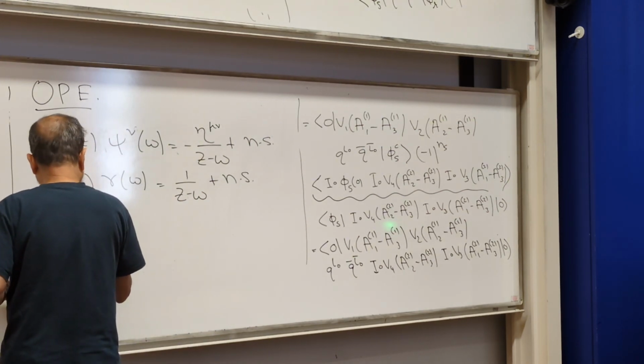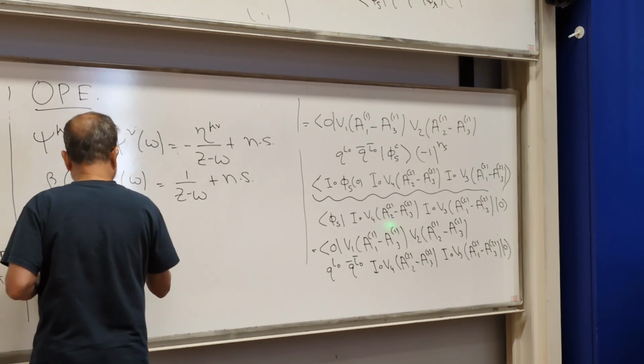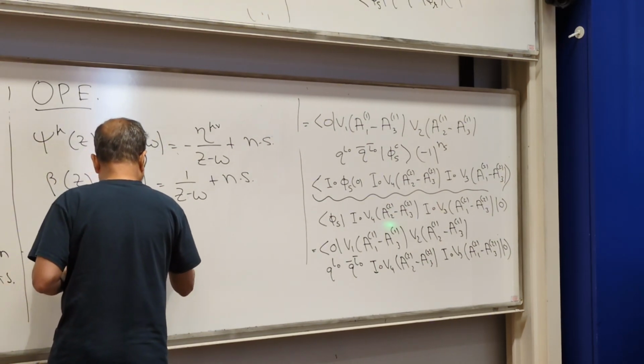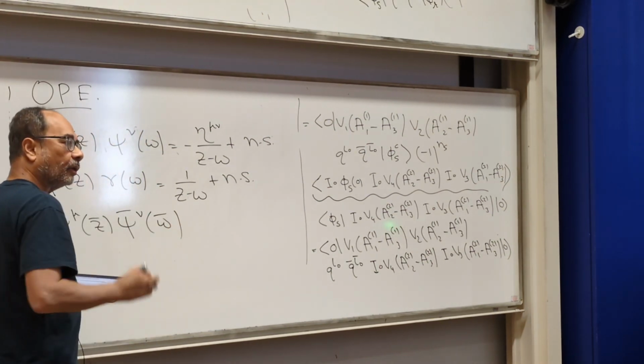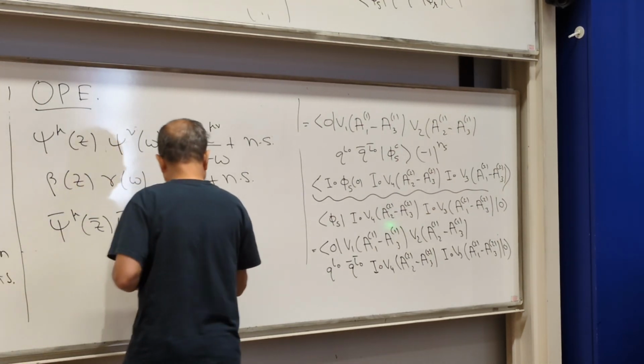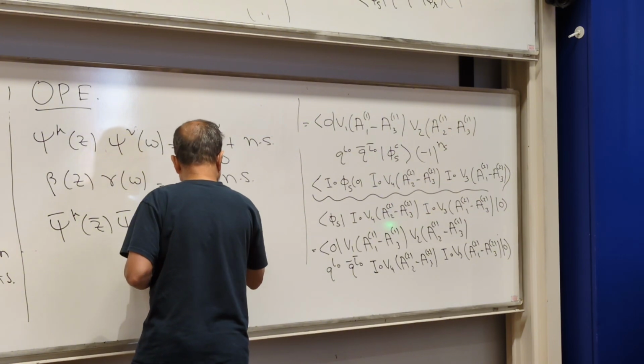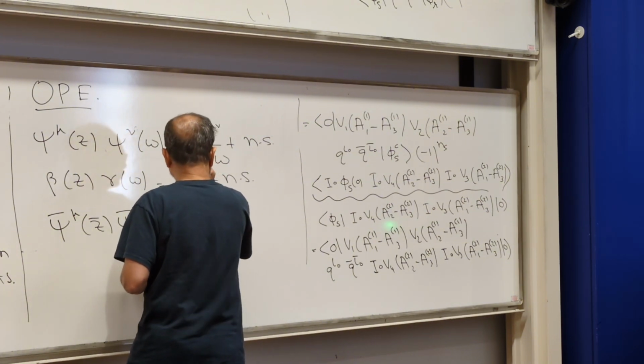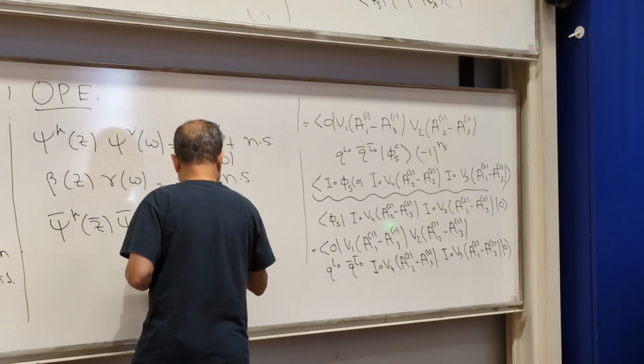I'm writing this once, but I'm not going to write it again, because whatever I write for the holomorphic part will also go through for the anti-holomorphic part. Sorry, there is a 2 here, which I missed.